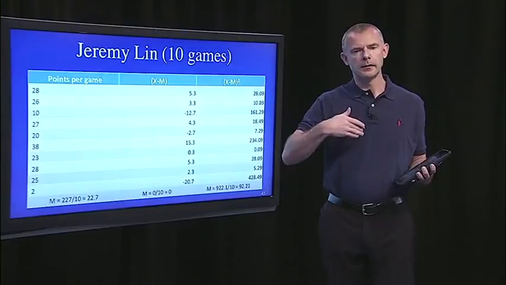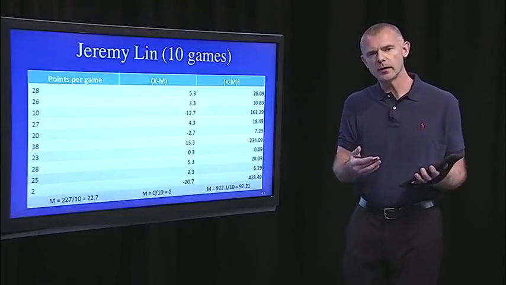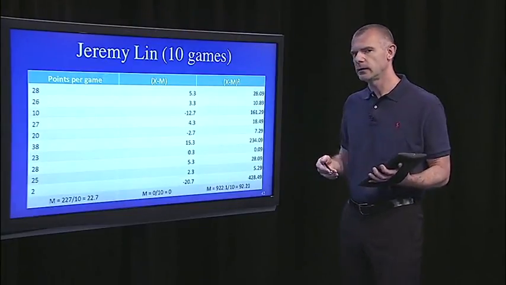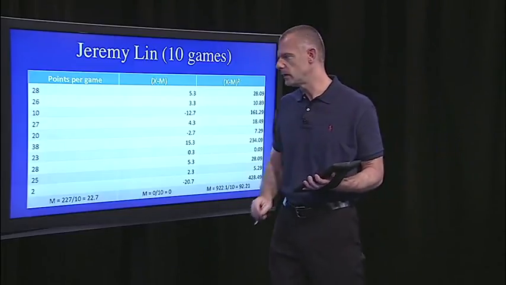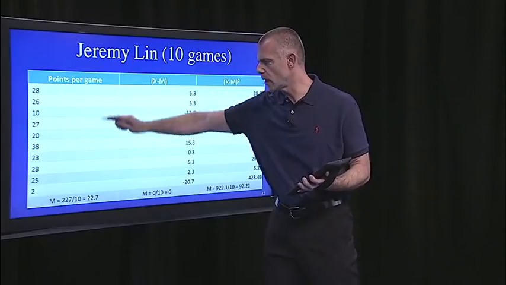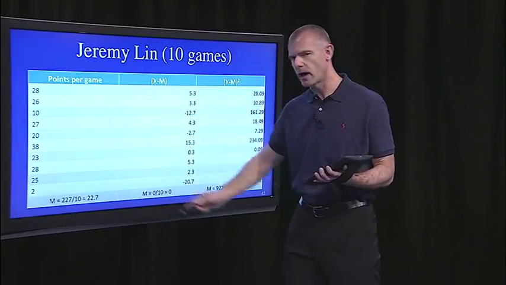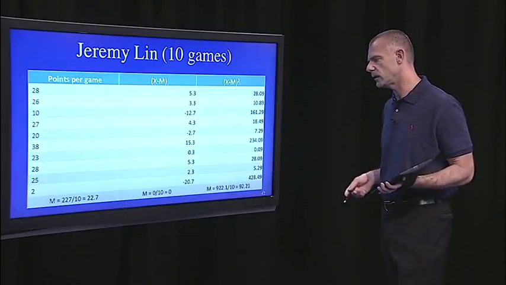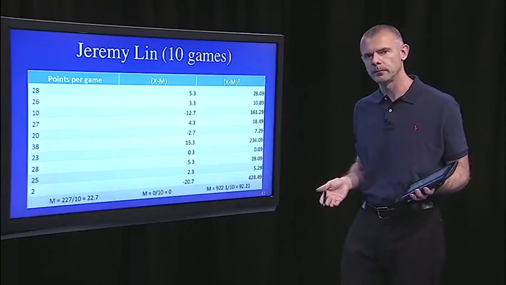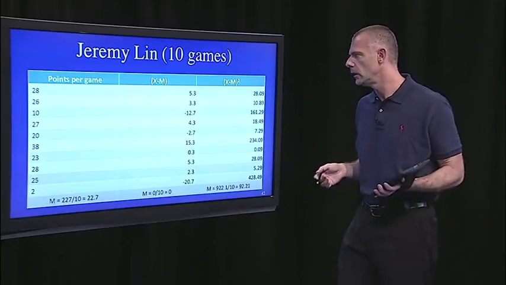So we calculated his average or mean points per game, and we calculated his variance and standard deviation. Remember the way we did that? To get average, we just sum points per game, divide by the number of games. So the sum was 227, 10 games. He was averaging 22.7 a game during that stretch.